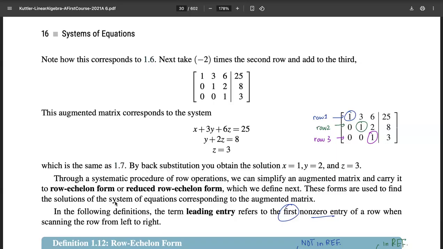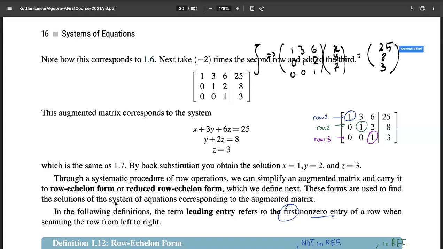If I want to write it down in terms of matrix vector multiplication, it's going to be 1, 3, 6, 0, 1, 2, 0, 0, 1, times X, Y, Z, and that's going to be equal to 25, 8, and 3.